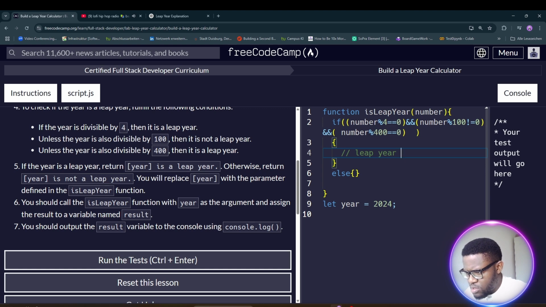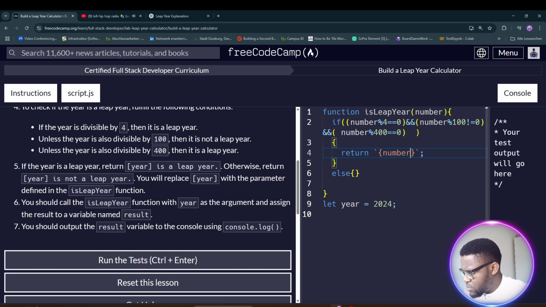You replace year with the parameter defined in the function. You should call leap year, the function, with the year that you define. Okay. Console.log. So let me just put this return statement. The parameter here. So call the parameter. I think it should be this, just two curly brackets.